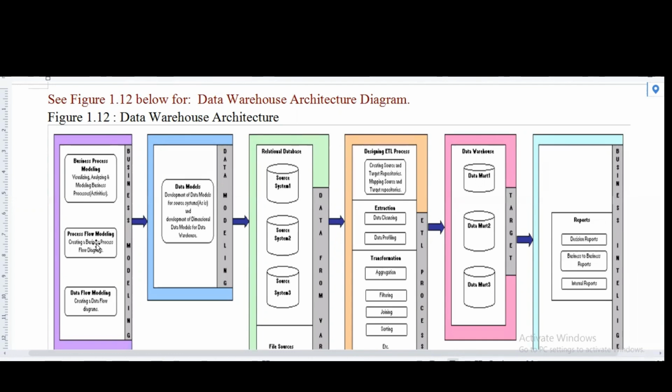Suppose you go into the retail industry. There is some ready-made product which you pick from another company and then sell. In some other industries, you prepare the product from scratch, manufacture it, and then sell it.